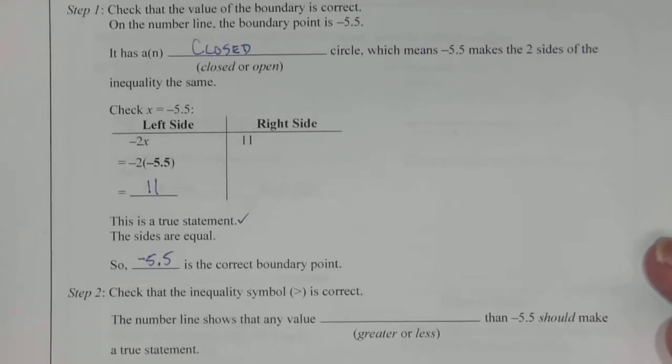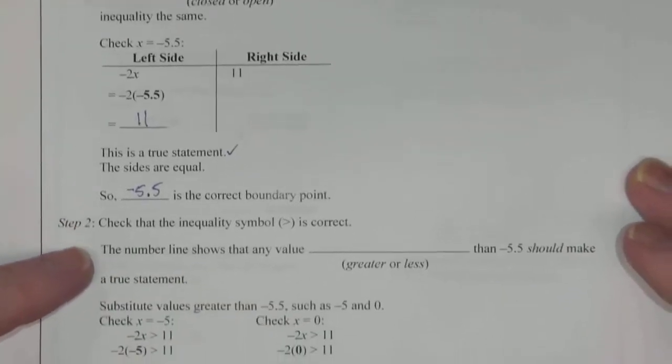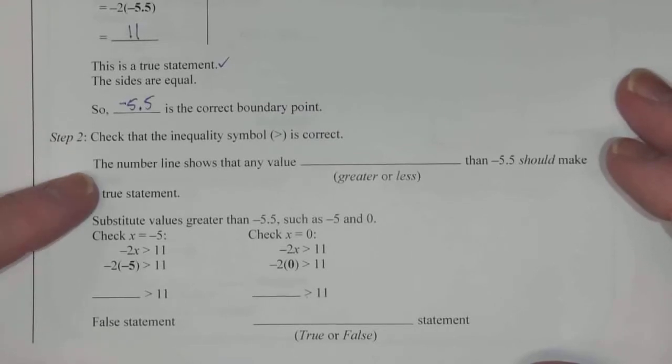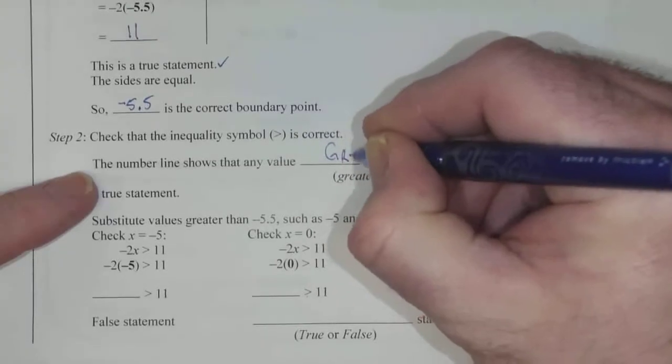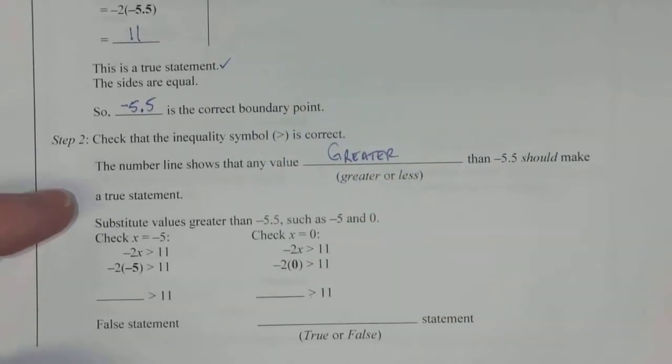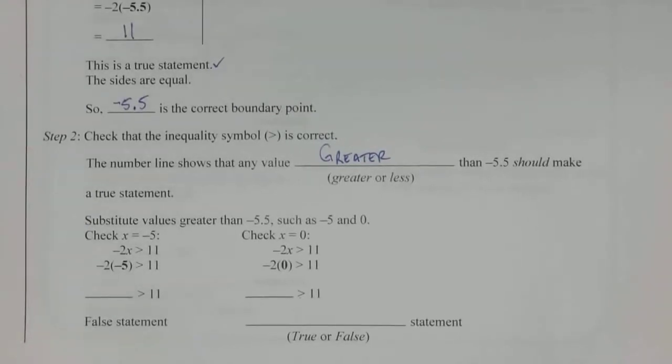Now we need to confirm which side of the boundary point the arrow should go. So step 2 is to check the inequality symbol and make sure that it's correct. Now, the number line shows that any number greater than negative 5.5 should make the statement true. So let's test a couple of values that are greater than negative 5.5 and see if it works.